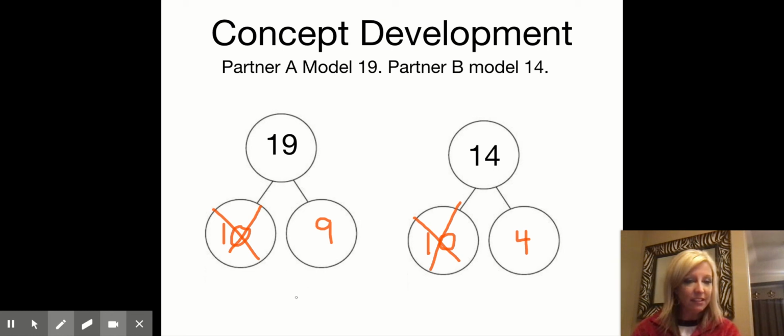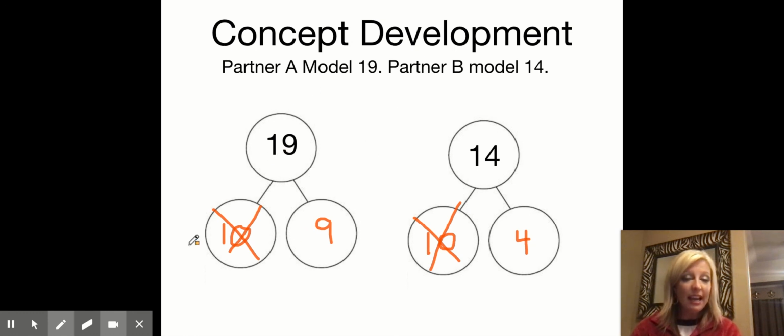Are they different? They are, aren't they? So which is greater, 9 or 4? What's your bigger number? Very good. 9 is bigger than 4. So 19 is bigger than 14. Or you could say 14 is smaller than 19.